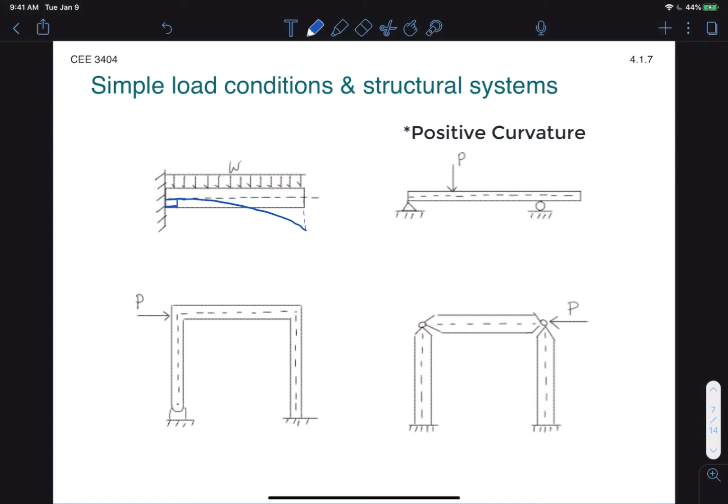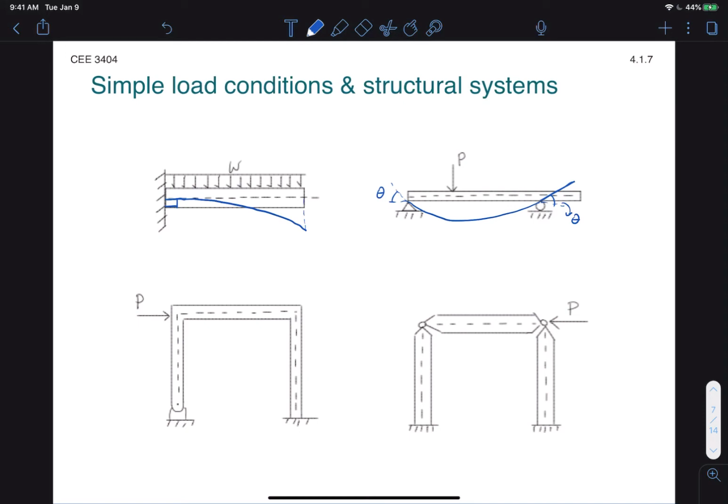But this time the supports are allowed to rotate, so we have something like this, where we have an angle there, as well as an angle here. Now the overhang actually isn't loaded, so it will simply project straight out like this.